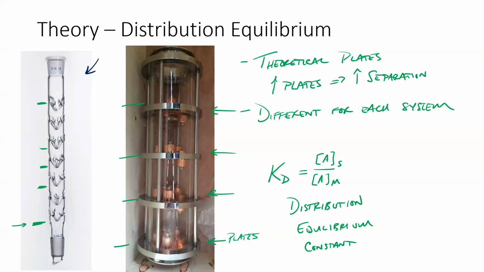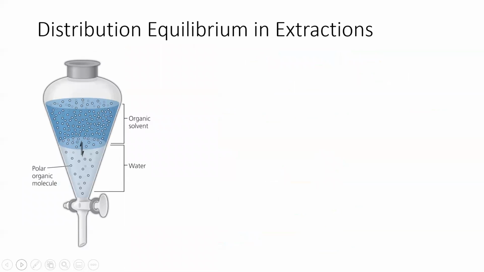So KD is a useful thing for us to think about, but once we start getting into some complex mixtures and talking about HPLC, we're going to shift from KD to a different coefficient, a different way of measuring it.